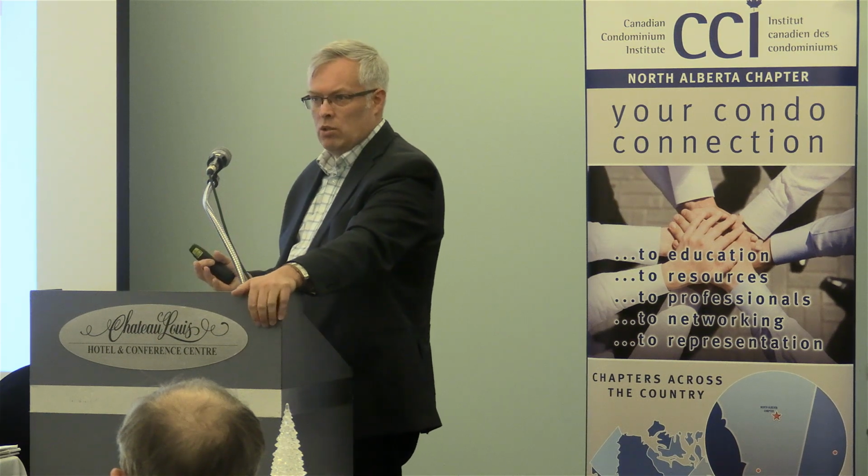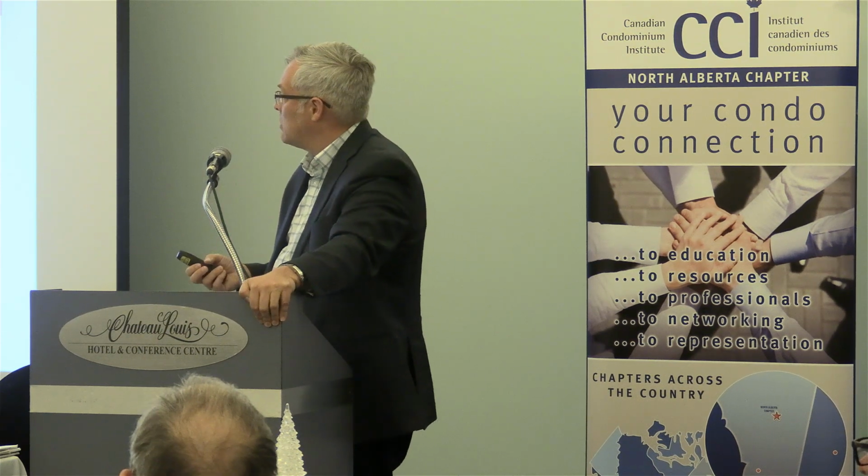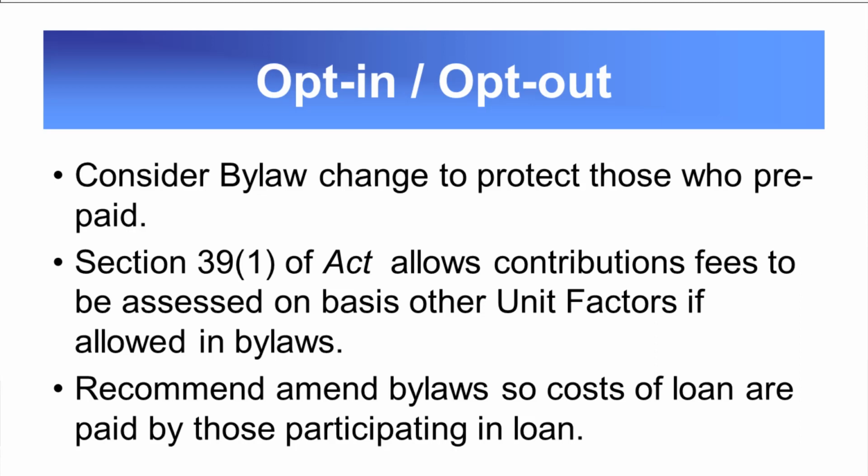However, here's my take on it. The way I recommend it always, consider a bylaw change. And so I've probably done this a dozen times. You have a bylaw that specifically states, here's my big bucket of condo costs on a unit factor basis, and then here's the cost of the loan. And that's going to be allocated amongst those that haven't prepaid, amongst the unit factors for that group. And so you're going to have some people that have prepaid who will have lower condo fees.